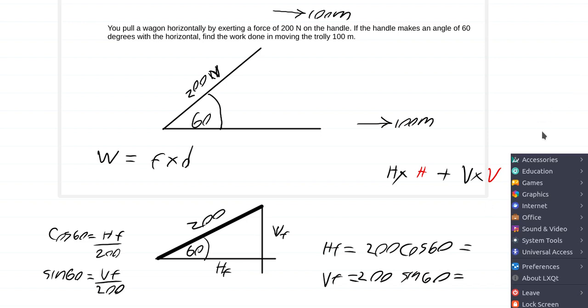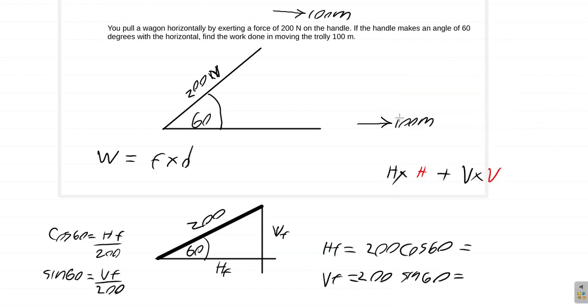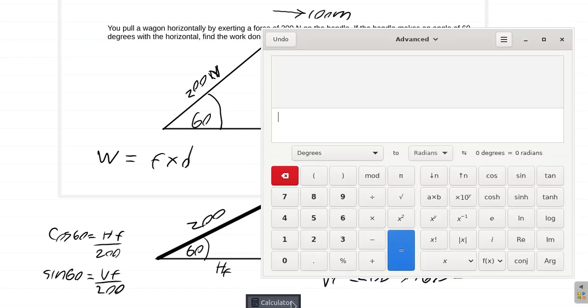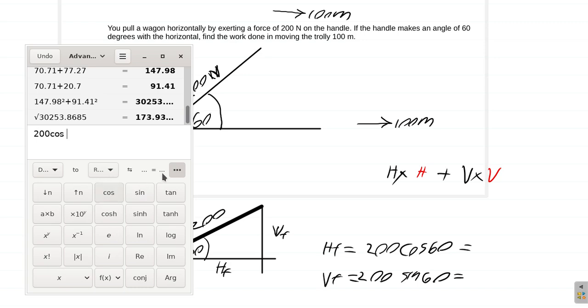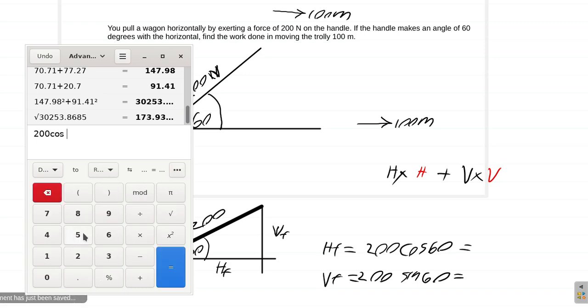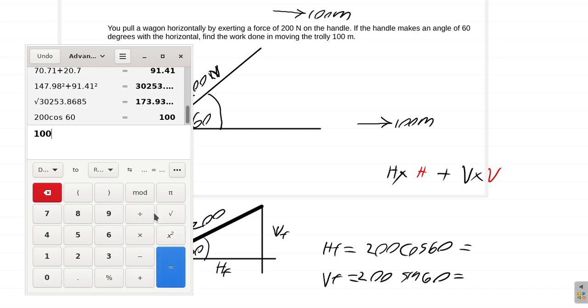So, calculator. Alright. So, we have 200 cos 60 equals 100.